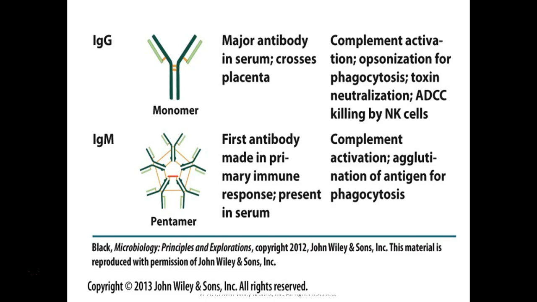Which means that if you're pregnant with a positive baby, those antibodies do what? They cross the placenta and they can attack the baby and cause a disease known as hemolytic disease of the newborn. Hemolytic meaning that, guess what? When those antibodies bind, all of these things can happen. Complement can be activated.